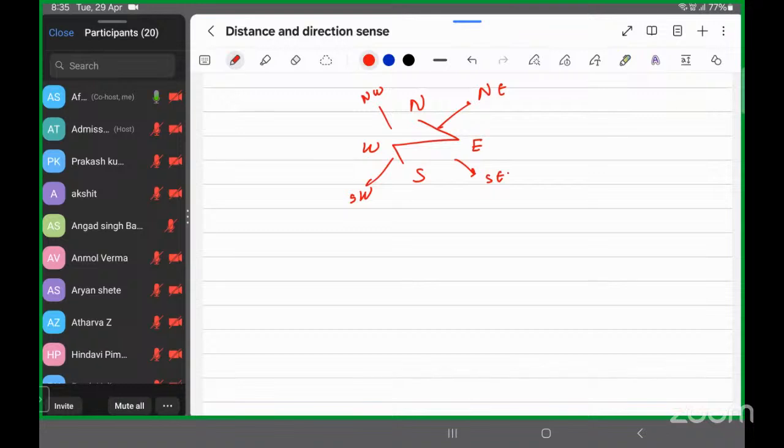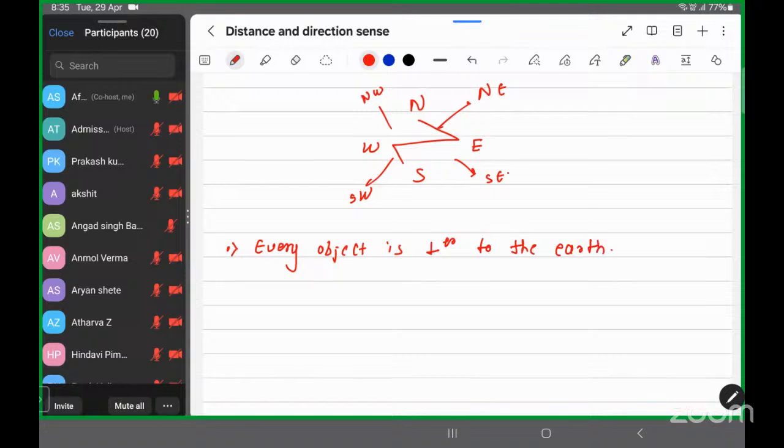8. According to that, the first thing we consider is that every object is perpendicular to the earth. That is our assumption.